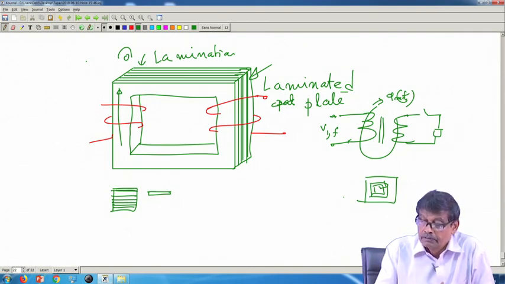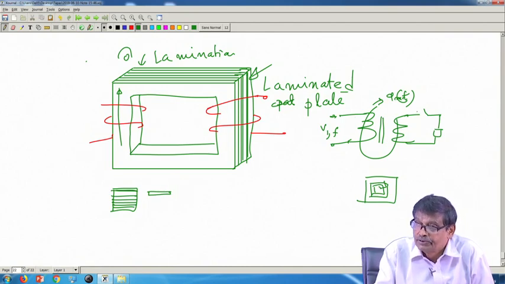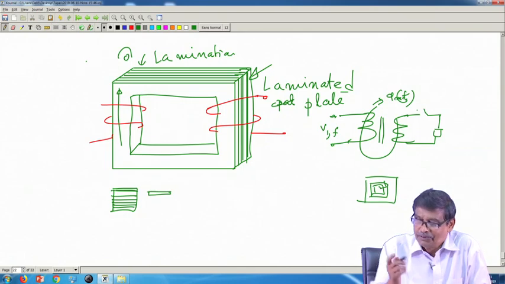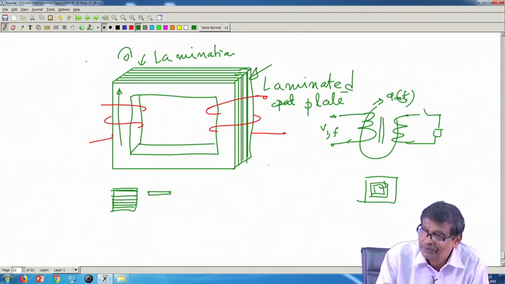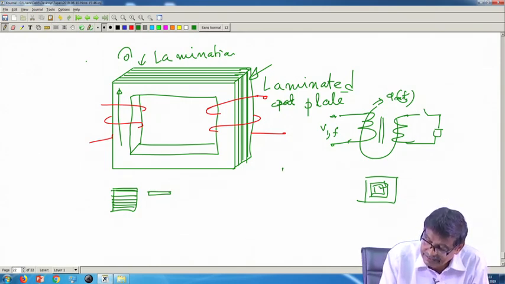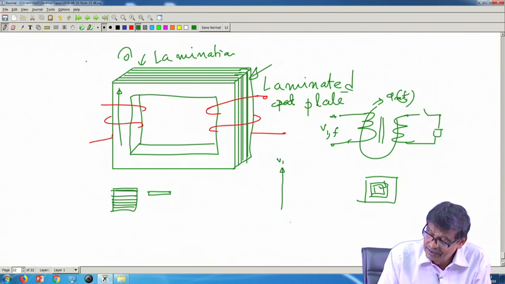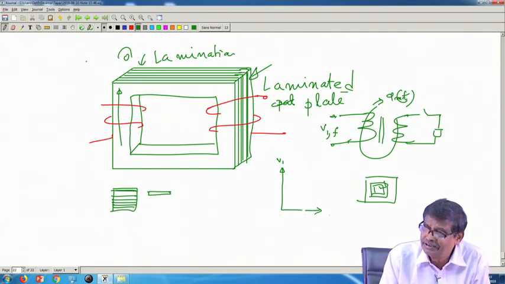Therefore, those tiny eddy currents too will have reflected current on the primary side. I mean, this is another way of looking at the thing. This is your voltage, okay? And suppose only eddy current I am showing, the flux will be around this point, phi.